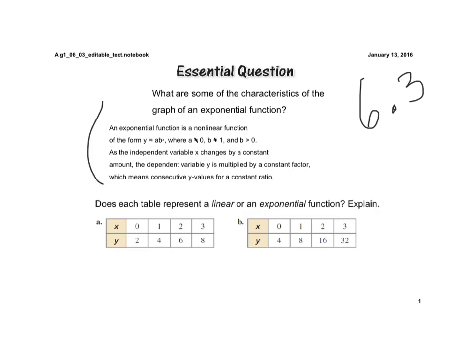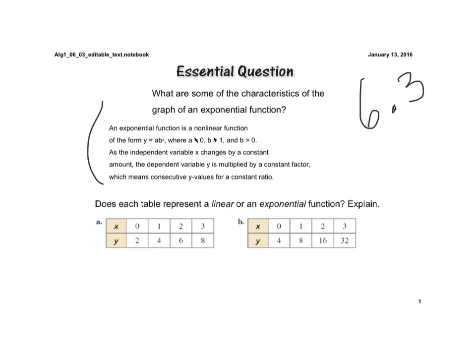So, right here, an exponential function is a nonlinear function of the form y equals a times b to the x power, where the a cannot equal 0, b, meaning the number that's raised to the power, cannot equal 1, and b must be greater than 0.